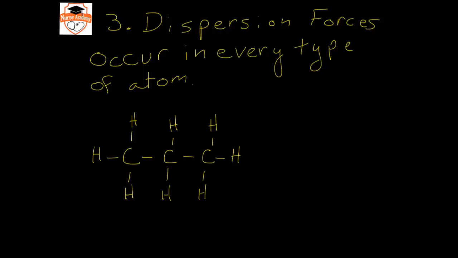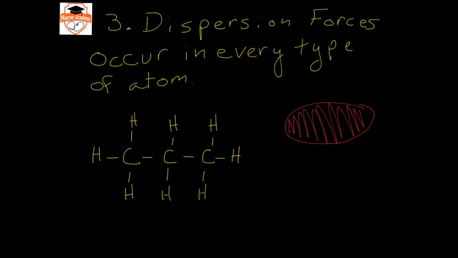And what happens is that at any given period of time in a bond, the electrons will suddenly go to one side of the bond versus another side of the bond. So if we say that this is our bond and normally we would have an even distribution of electron density, then on some occasions we don't have an even distribution, and we would have all of the electron density on one side, because the electrons are moving.